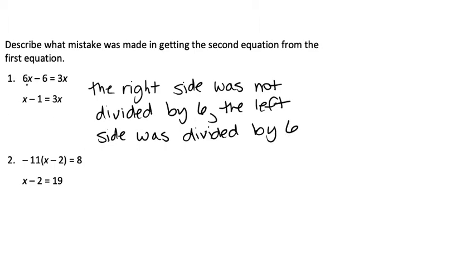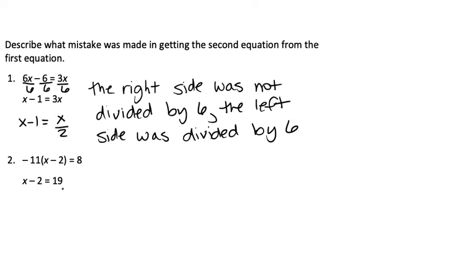So if you're going to divide one side of an equation by a number, you need to divide the other side by that number as well. So I would need to divide this side by 6, and that would give me an equation of x minus 1 equals x over 2, or 0.5x, however you would want to write that.